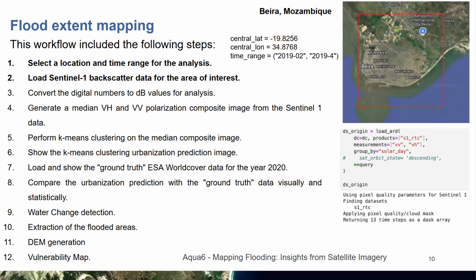We created our median VH and VV polarization composite images from the data, followed by K-means clustering and showing the urbanization K-means clustering for the predicted image, as well as ground truth to look at the accuracy of our analysis. Then comparing the urbanization prediction with the ground truth, and ending it off with water change detection.